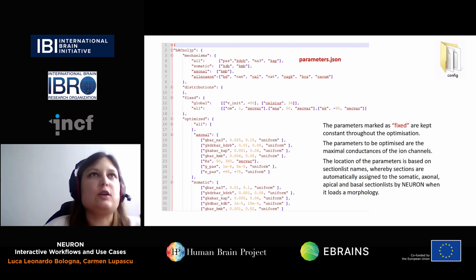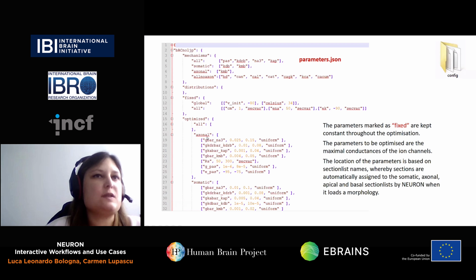At the end, in the config folder, we will find the parameters.json. So, these are the mechanisms that are used in this model. And there are some parameters that are marked as fixed, so are kept constant through the optimization. And the parameters that are optimized are the conductances of the ion channels. And the location of the parameters is based on section list names.